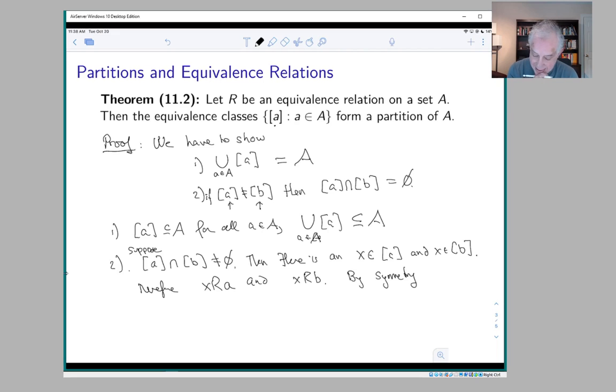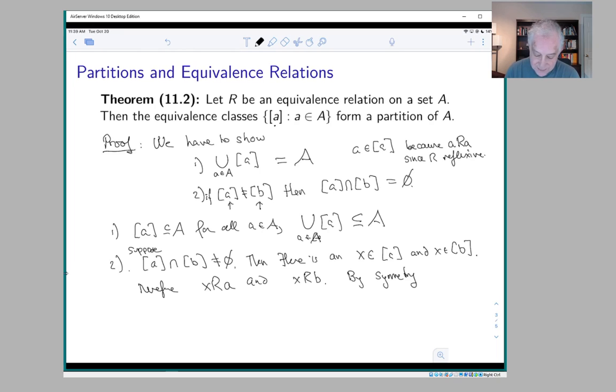Oh, you know what, I cheated here a little bit. I used a property that I didn't mention, which is that a belongs to the equivalence class of a. And why is that true? Because this is a reflexive relation. So I have to use the properties of an equivalence relation, and the place I use reflexivity is in the fact that the equivalence class of a contains a.